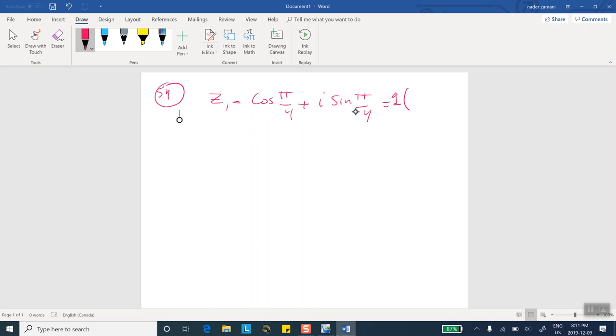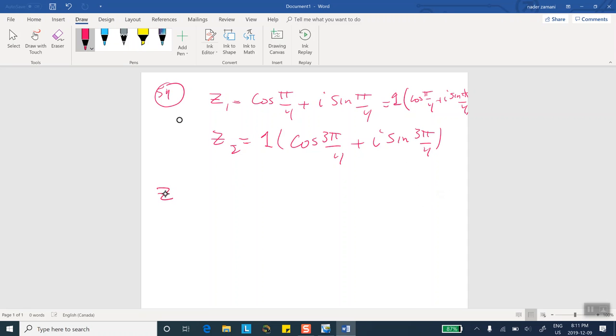They didn't write it, but the modulus is 1. Okay? And then z2 is given to you as, I'm going to write it like that, 1 times cosine of 3 pi over 4 plus i sine of 3 pi over 4.